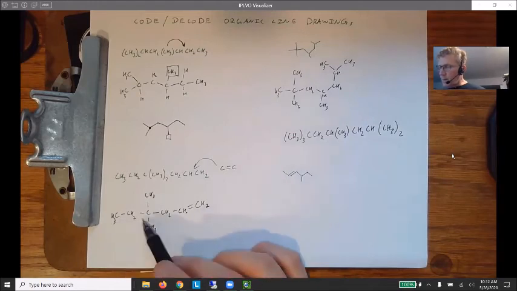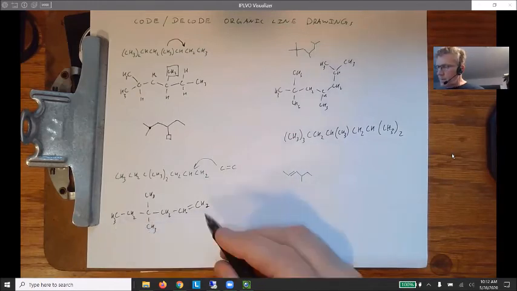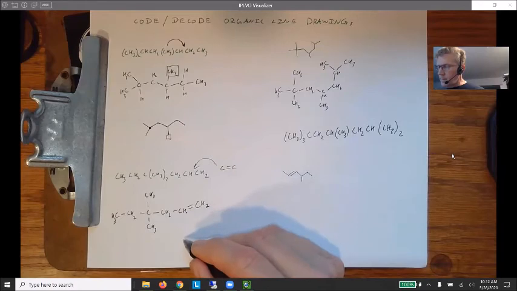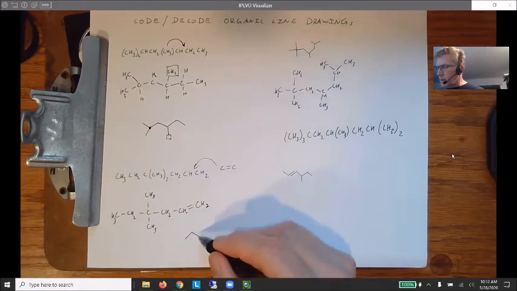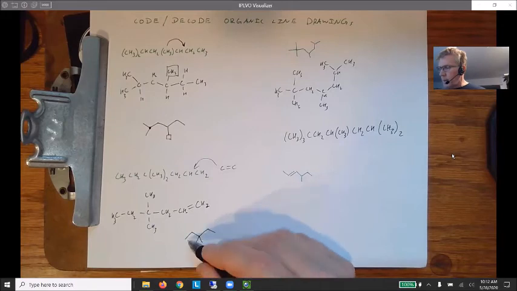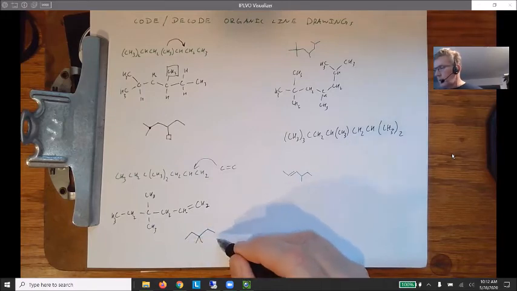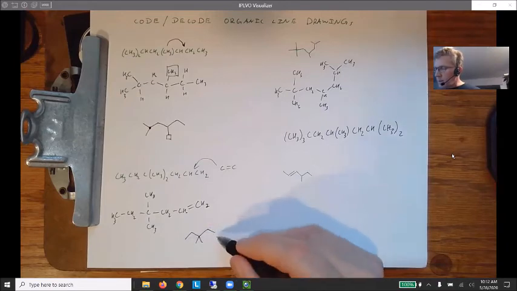Let's go ahead and simplify that. So I'm going to make a typical sawtooth pattern. I'm going to put both of my methyls down below and closer together to keep our main chain, that is our principal chain, going on the plane of the board.